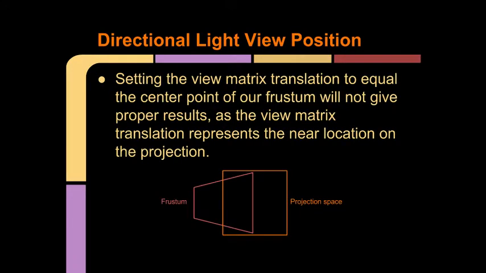We would likely be tempted to position our light's view matrix at the center of our camera's frustum. Doing so will actually create the error shown in the diagram, as the location we are defining in our view matrix does not represent the center of our projection, but instead the back of our projection.